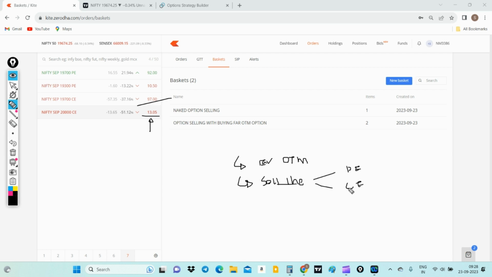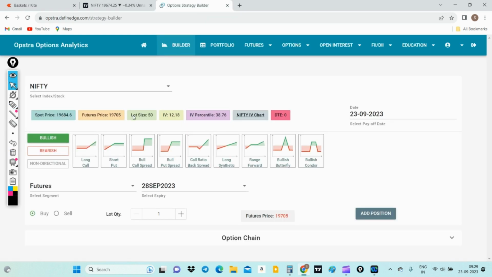I hope I am clear with this strategy. And even if you are not clear with the profile, if you want to understand where the Nifty spot goes and what your profit and losses will be, you can use a free platform called Option Analytics, where you can analyze your trades.